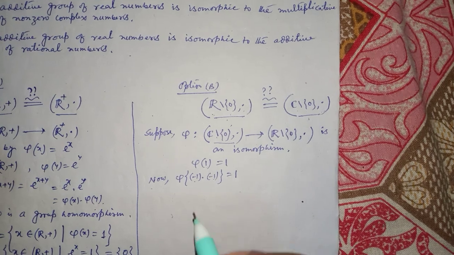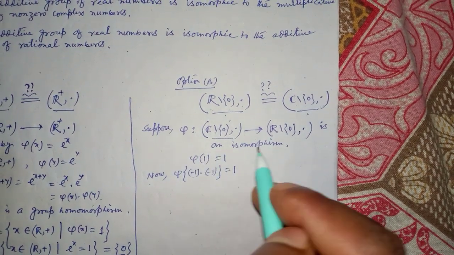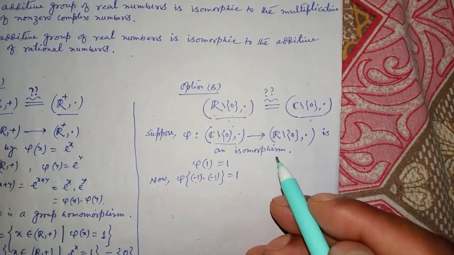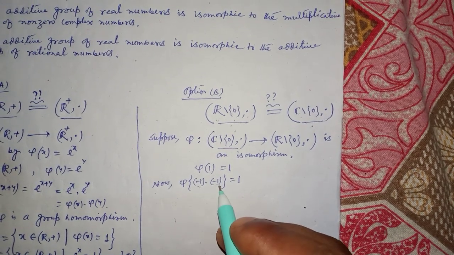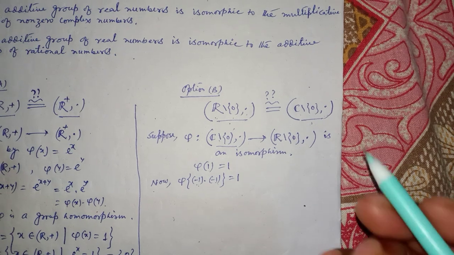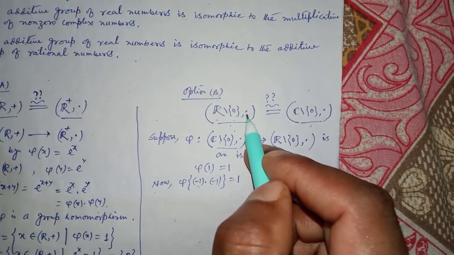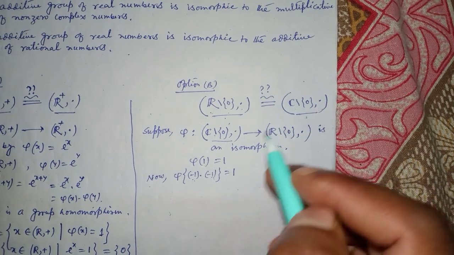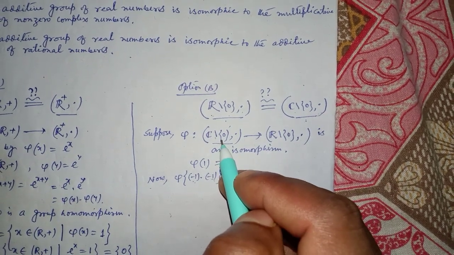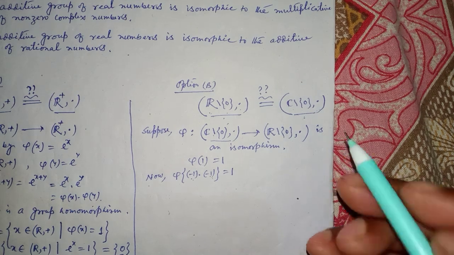Since phi is an isomorphism, it is also a homomorphism. So phi of AB is equal to phi of A into phi of B, because both groups are multiplicative groups.